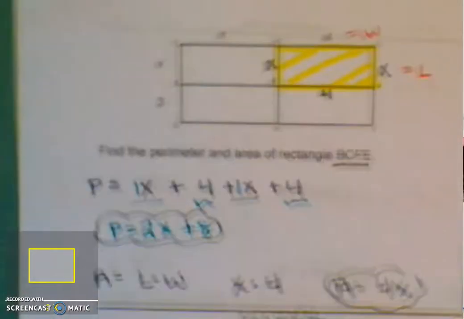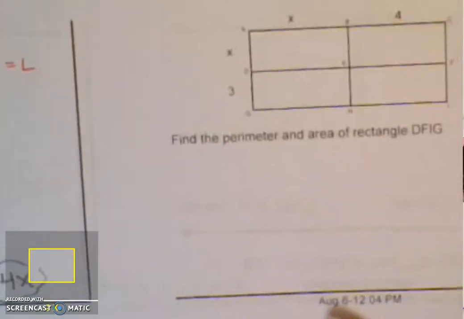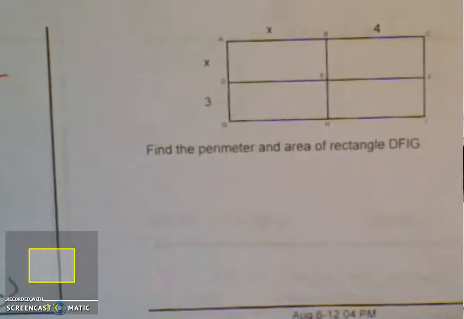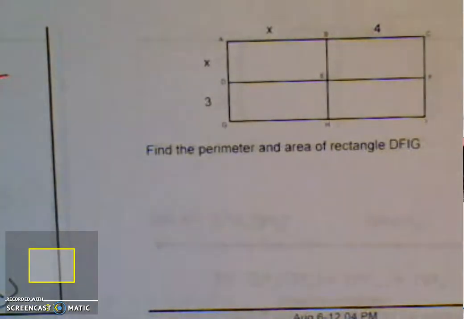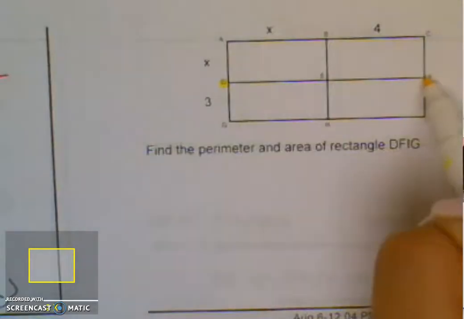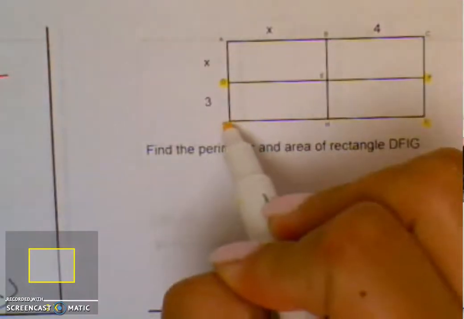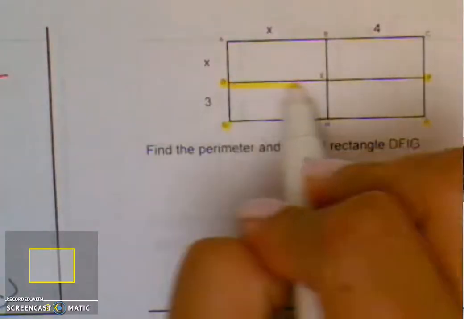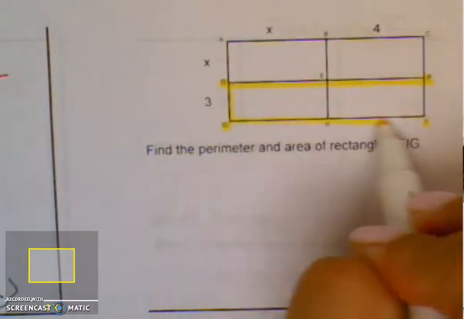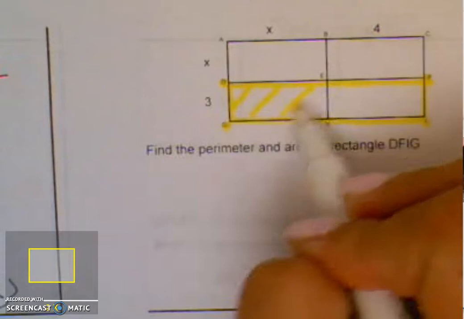Okay, let's go on to the next one. The next one says, find the perimeter and area of rectangle DFIG. So let's see. DFIG means we're looking at this big rectangle.